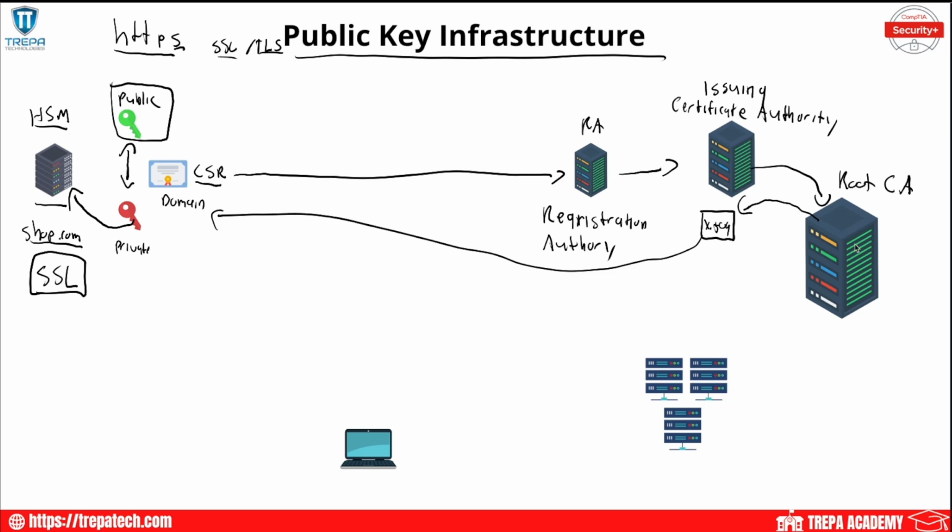So now this root CA says, hey, in its long list, shop.com is good to go. They are a trusted website or web server, and you can trust their public key and their public certificate to do TLS and SSL connections.